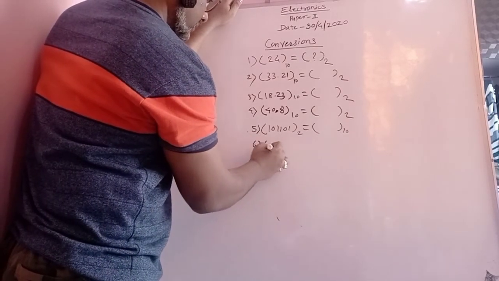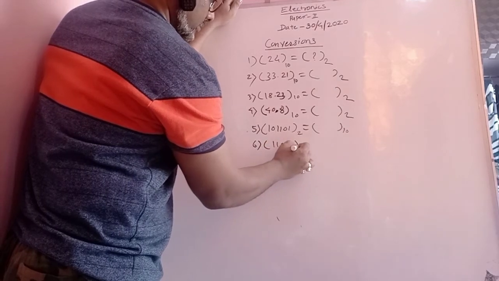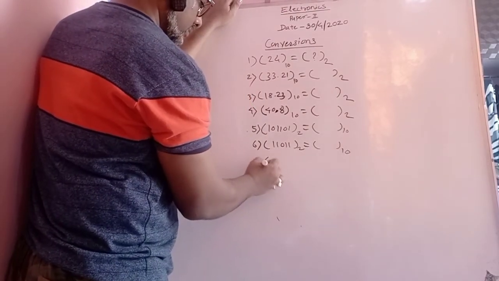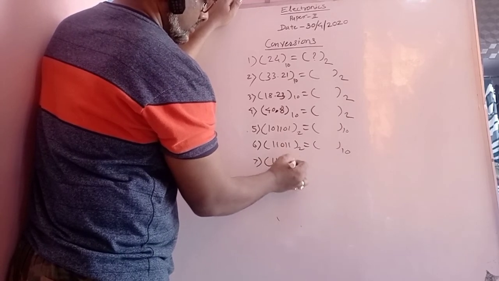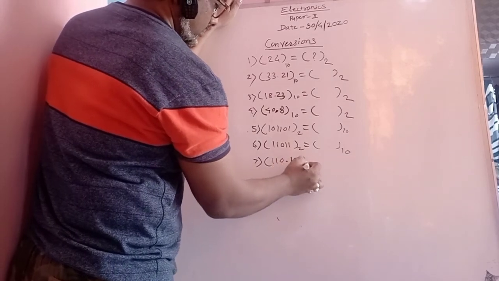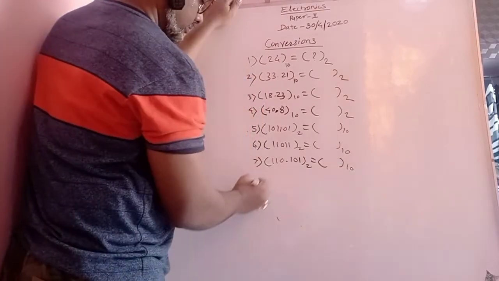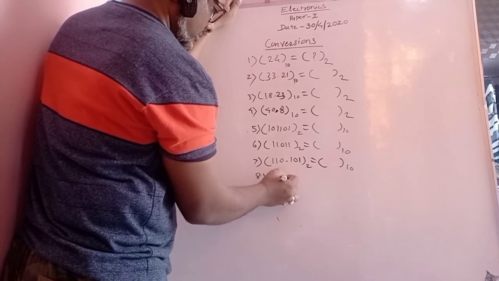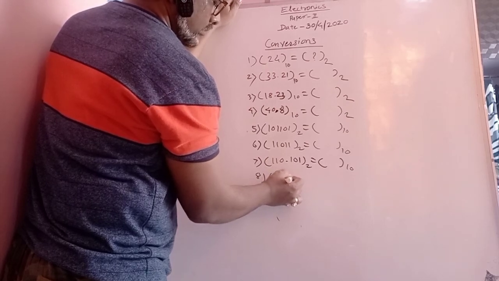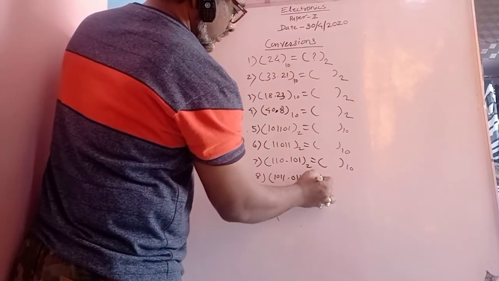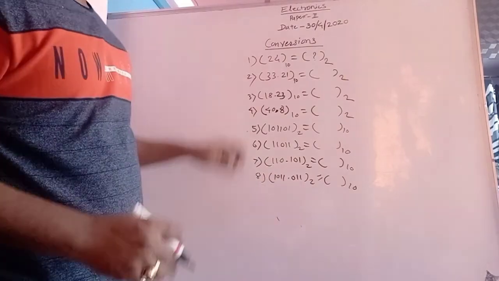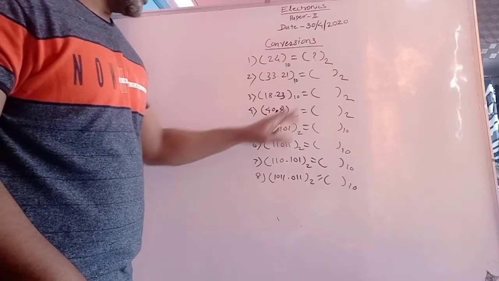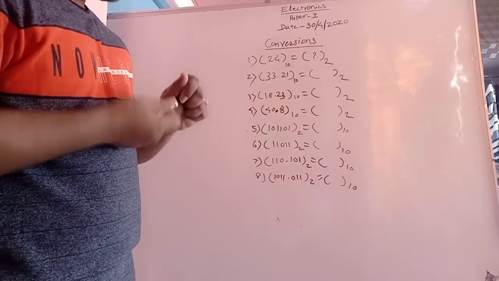So the first 4 are converted from decimal to binary, and the last 4 are binary to decimal. So you have to try these conversions.